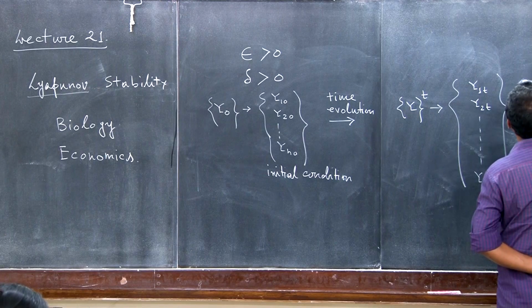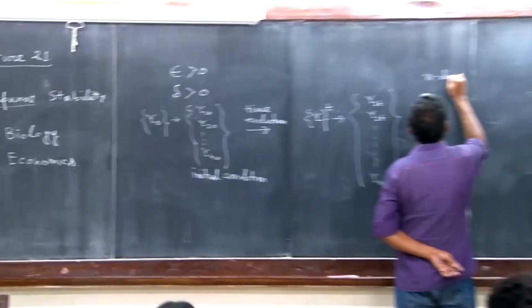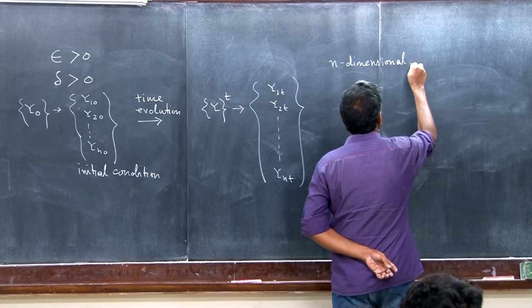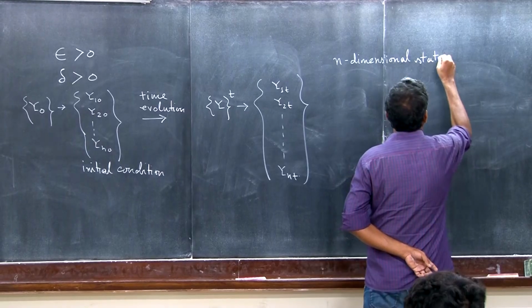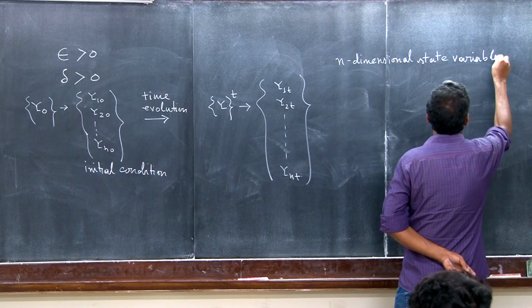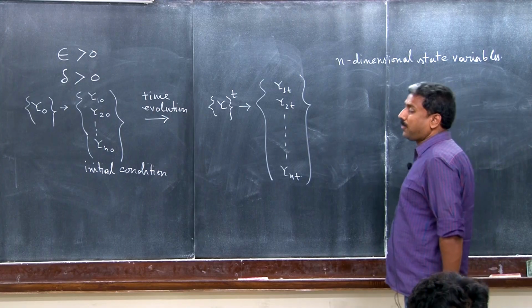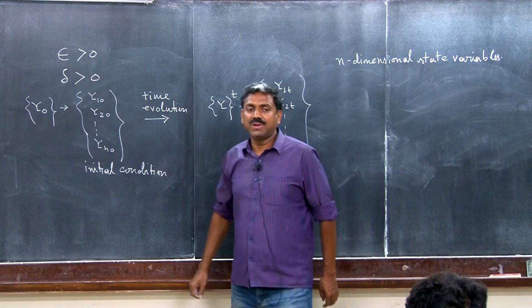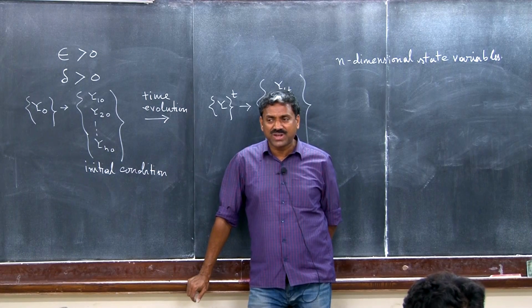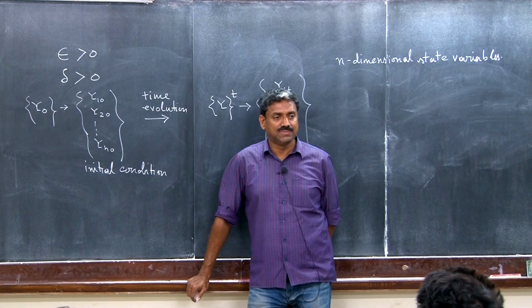It can be one-dimensional, n-dimensional state variable. So of course, for a single degree of freedom system, how many state variables will be there? Only 2 state variables, velocity as well as displacement.